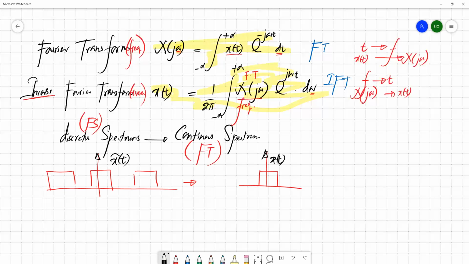We can simply claim that x tilde t is equal to x t when |t| is less than or equal to T by 2. So let's assume this is T by 2.